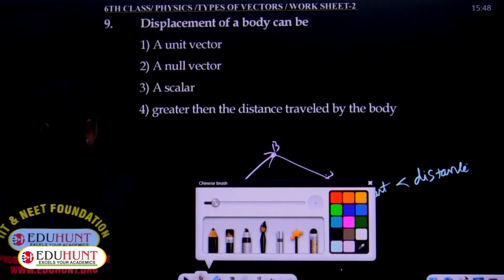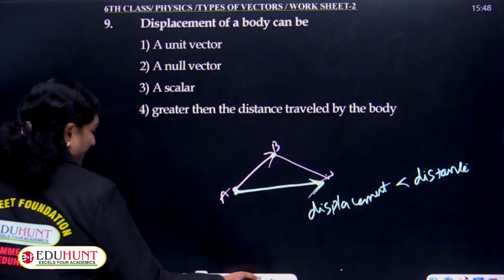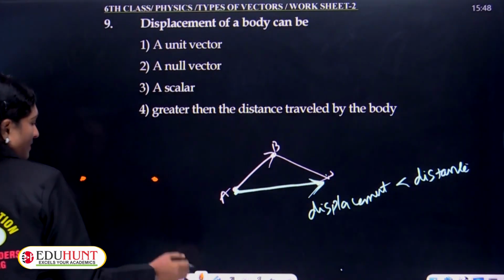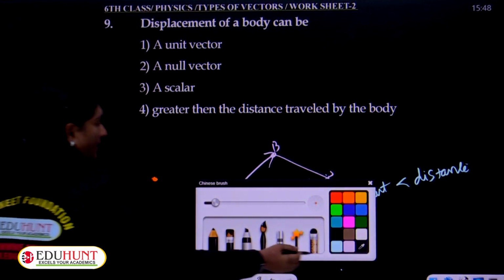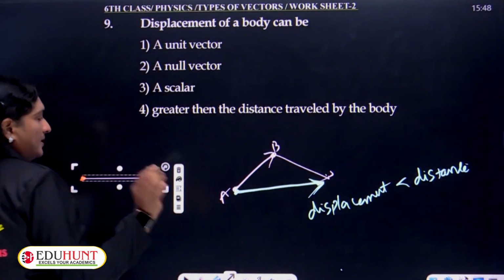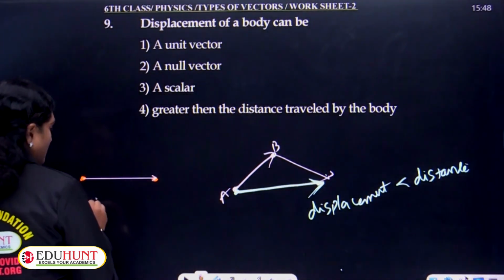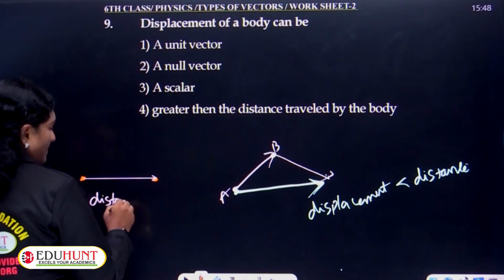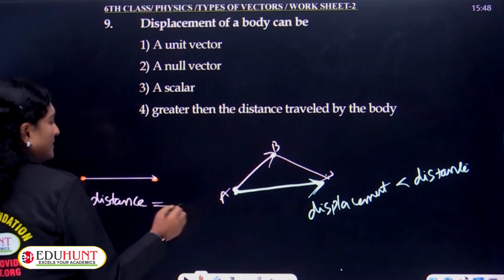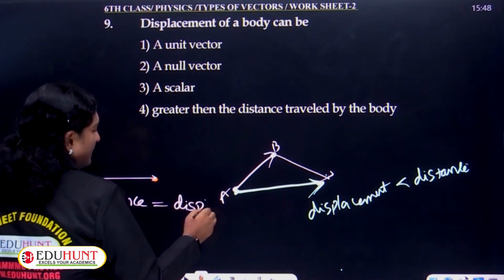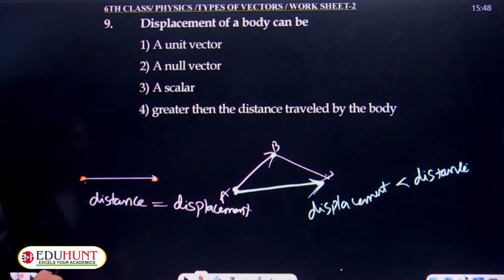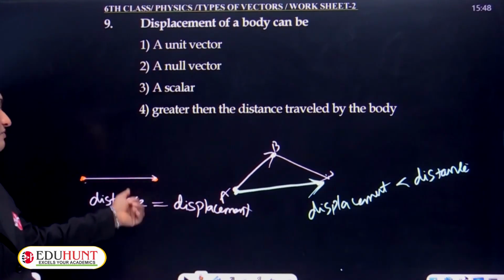Similarly, there are two positions, position 1 and position 2. Of a body moving from position A to position B directly, then here the distance covered by the body directly from here to here is equal to the displacement of the body, that is the line joining the initial position to the final position.